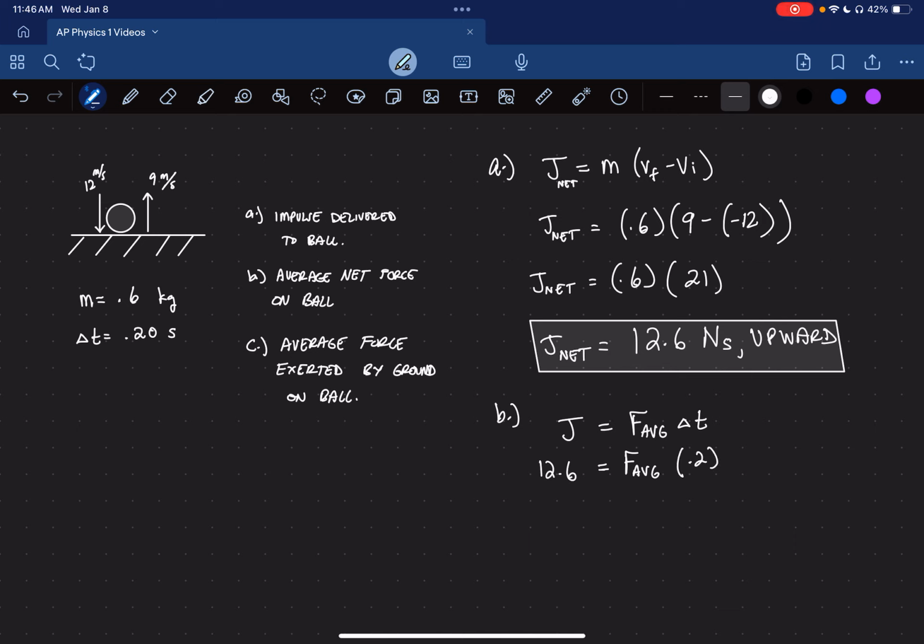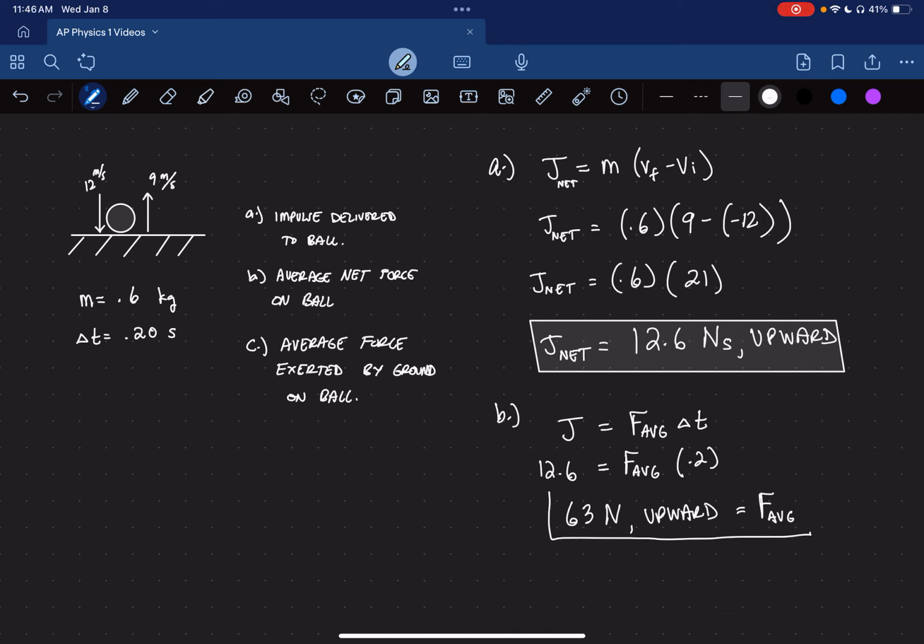And then we'll just divide these. 12.6 over 0.2, anyway, you should get 63 newtons. 63 newtons. Positive, so it is upward.